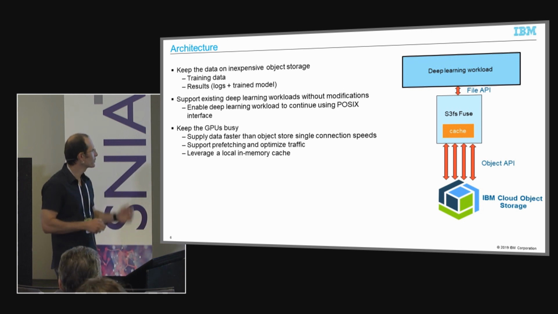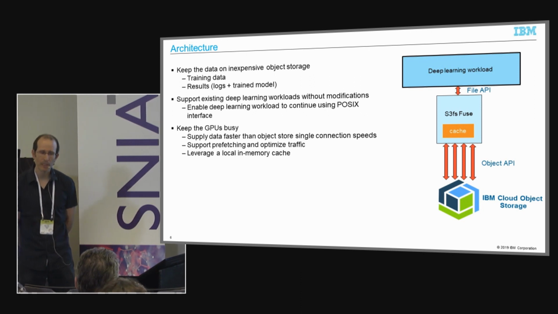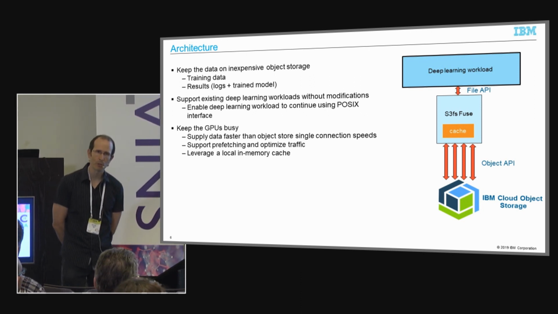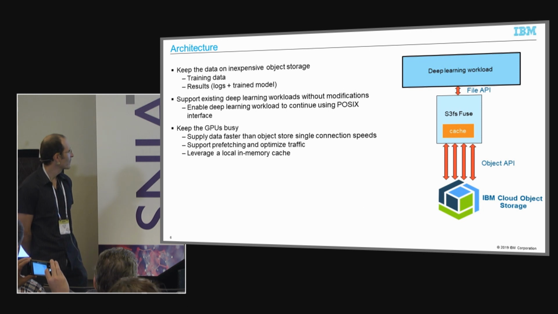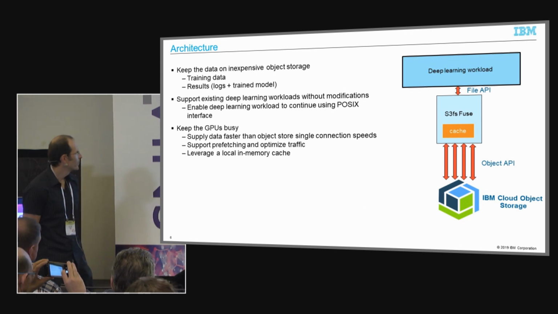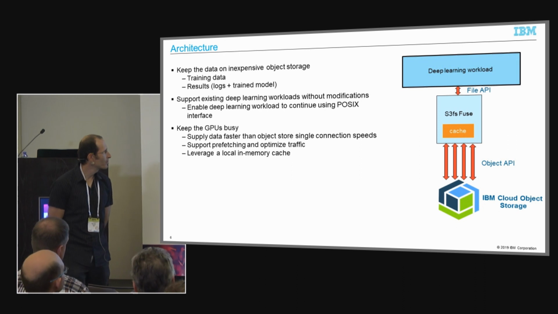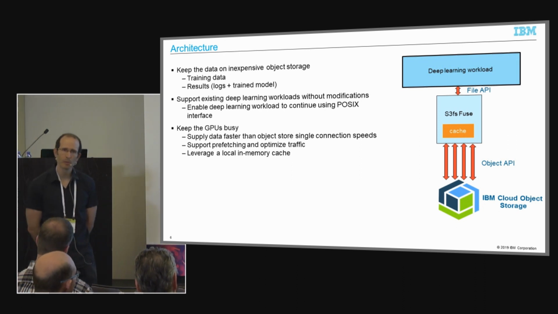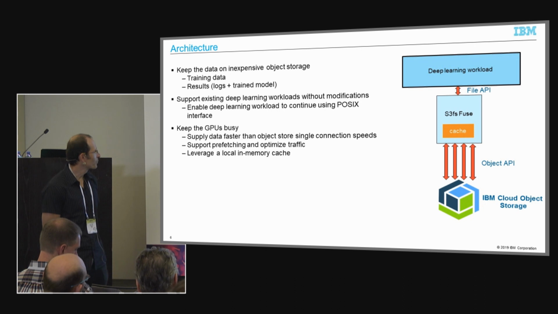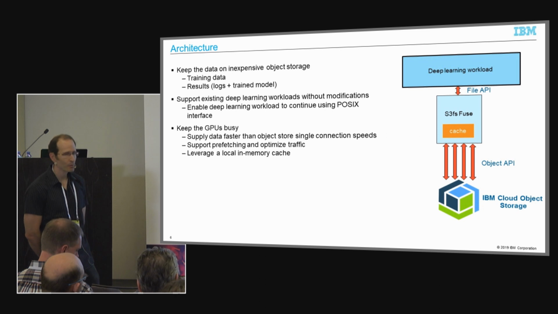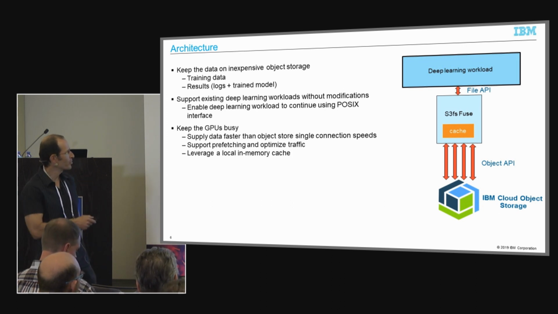We want to support workloads natively without having to change the workloads, meaning we want to support POSIX API. And we want to keep the GPU busy. That means we want to supply data faster than the single connection speeds we're observing. We want to support prefetching and to optimize the traffic. And we want to use some kind of local in-cache memory in order to actually have the compute use that data. So for the next few slides I'll go over each section, and then I'll show you the final architecture at a lower level.